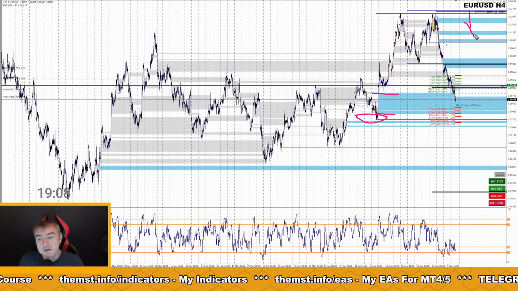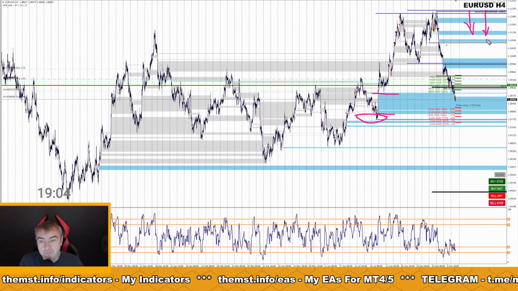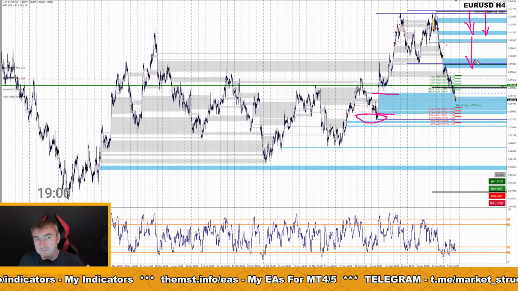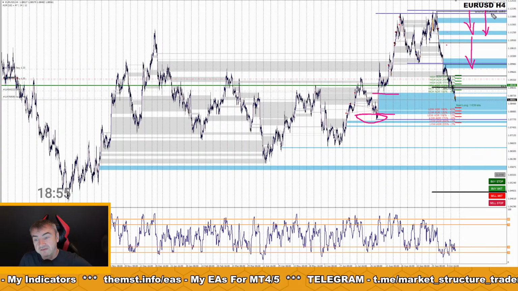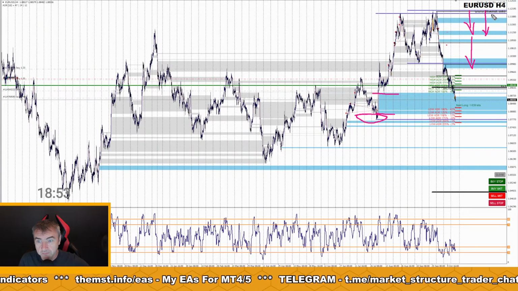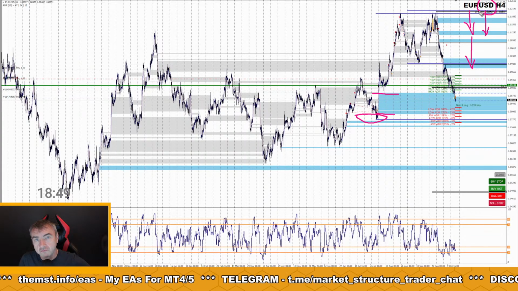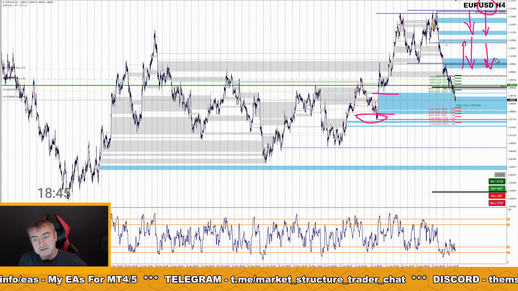The trouble with the euro US dollar at the moment is the fundamentals are bear against bear. The euro has done the vast majority of its interest rate drops to get on top of inflation. The US hasn't done its interest rate drops to get on top of inflation. So in theory, because the US has not done the drops yet, that kind of makes the euro more bullish than the US dollar.